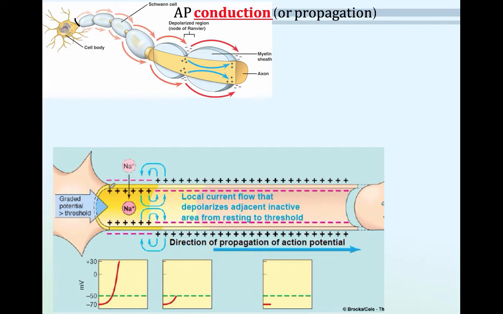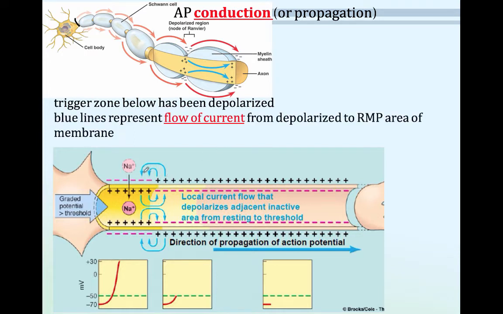We know that because the inside of the cell is positive when it's supposed to be negative. That means that the voltage-gated sodium channels have been opened up, and so sodium has entered to the point where we make the inside of the cell positive, roughly positive 30, positive 35.